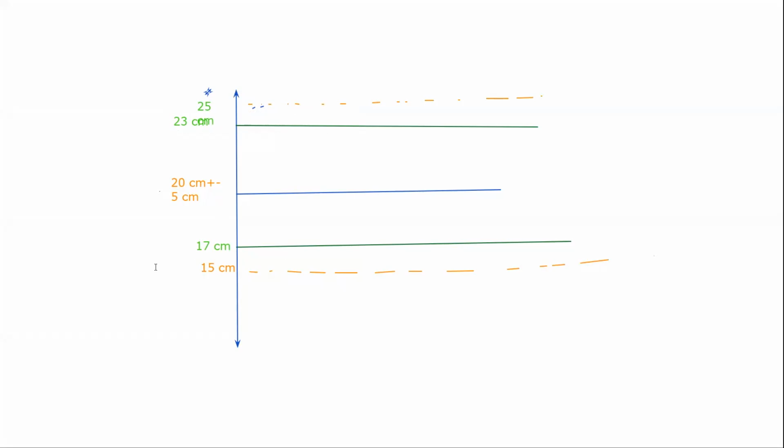Okay, so now we set this control chart. We got our upper specification limit, lower specification limit, upper control limit, lower control limit. Now our process starts. We start getting values. Values will be like this.